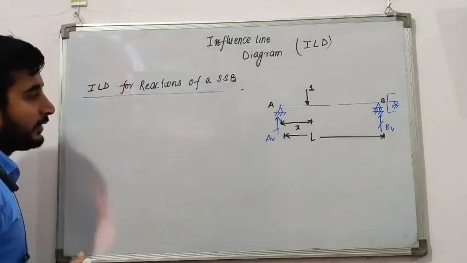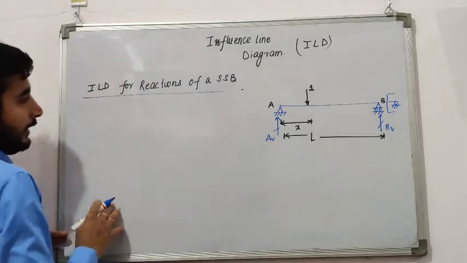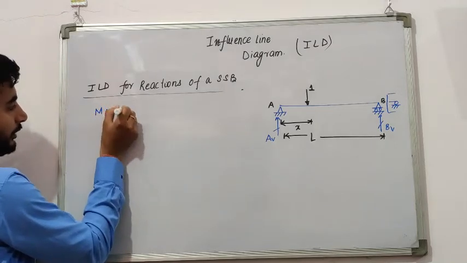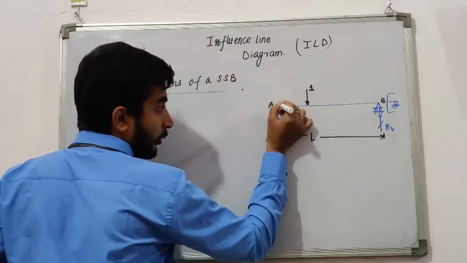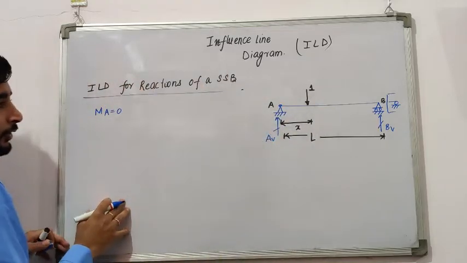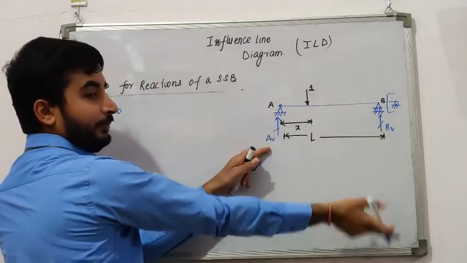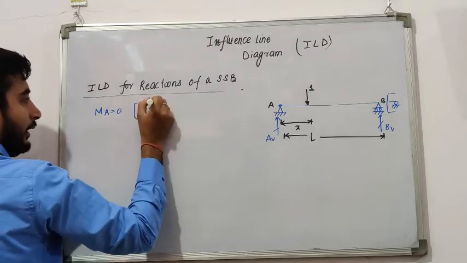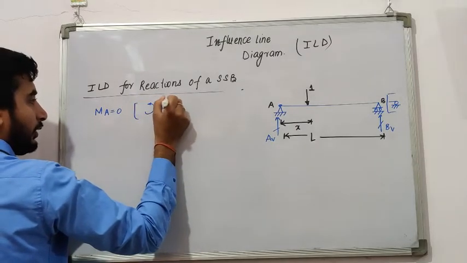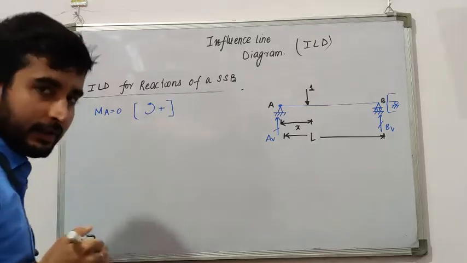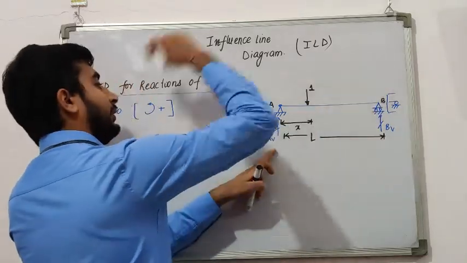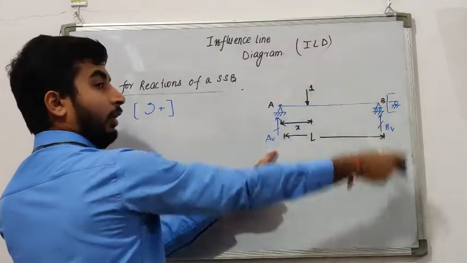When you have two support reactions, you can find them out by basic analysis. What your basic analysis says is that if I take moment about A equal to 0, you have BV into L. I must mention that for my consideration, anti-clockwise direction is going to be positive, for all my further references. So BV into L is an anti-clockwise motion.